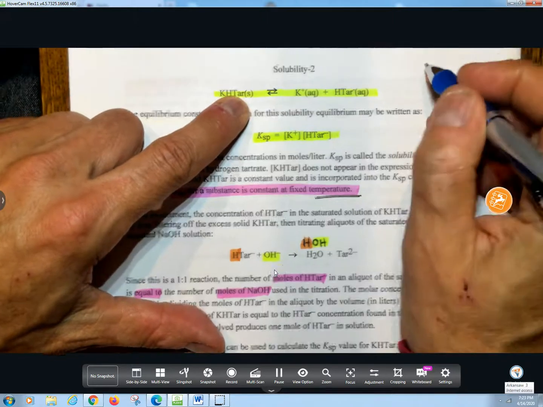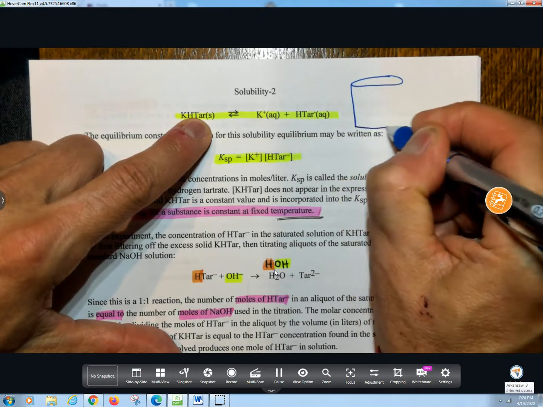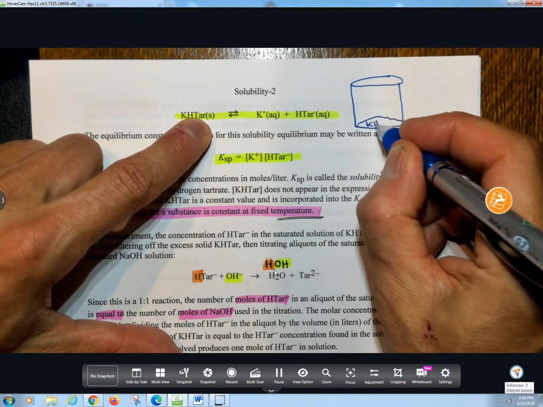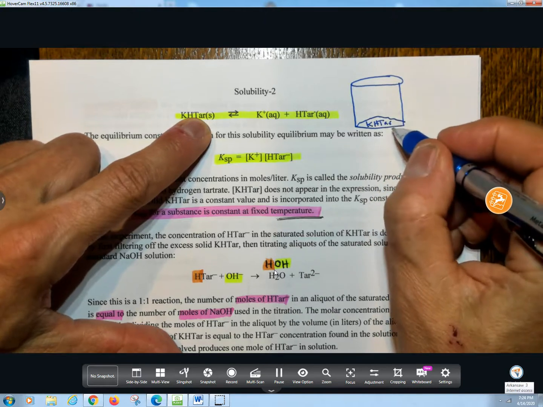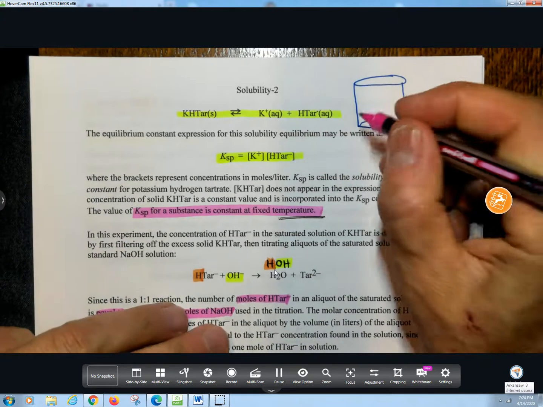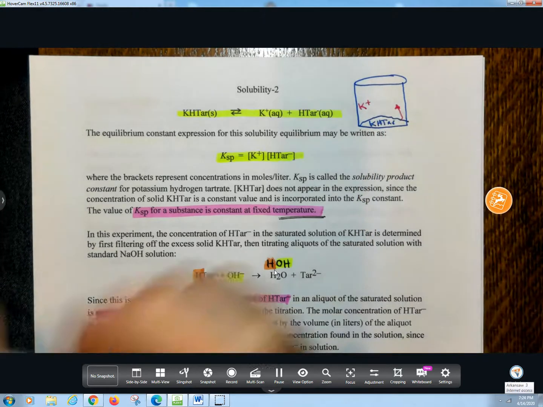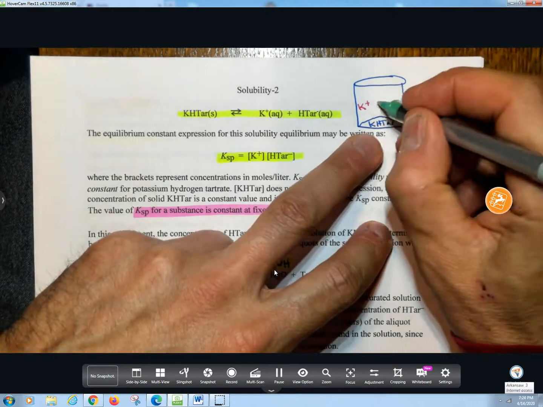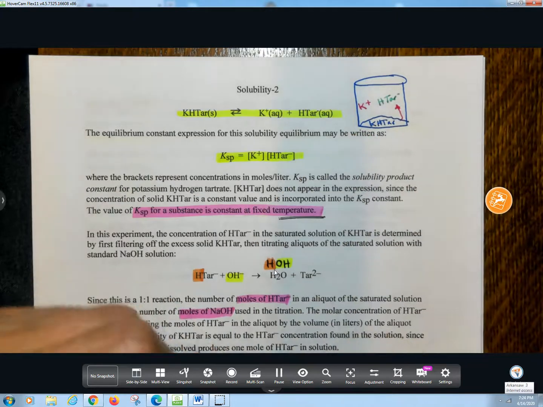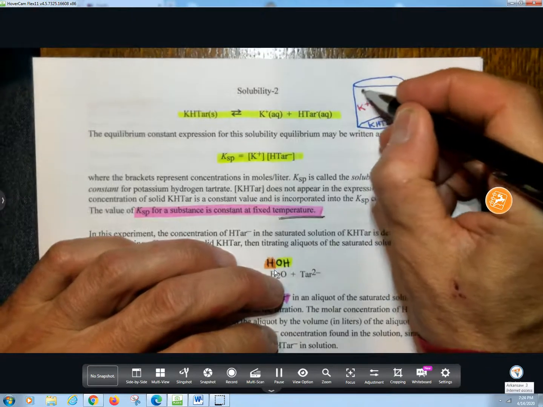So in this case, the way this equation looks is we have an equilibrium set up because we are going to make a saturated solution in which the potassium hydrogen tartrate will be sitting on the bottom as a solid, and then we know that we are going to get potassium ions and what dissolves as H-tar minus in solution.